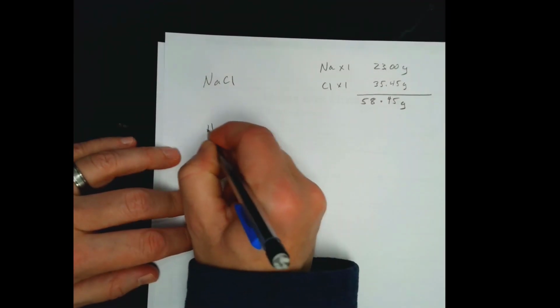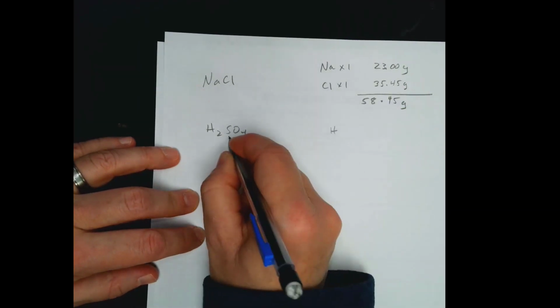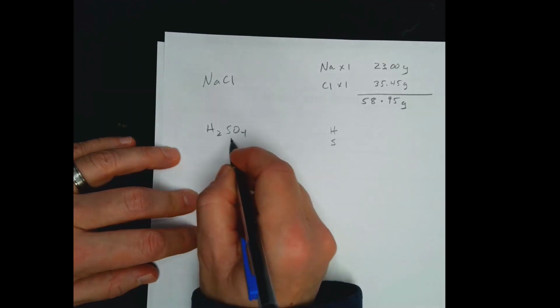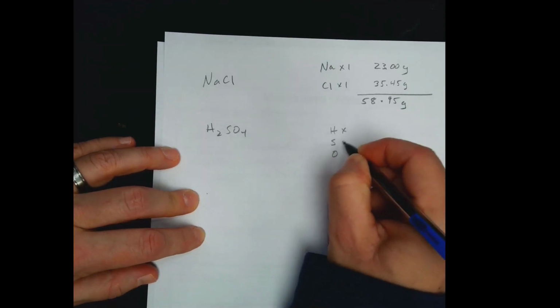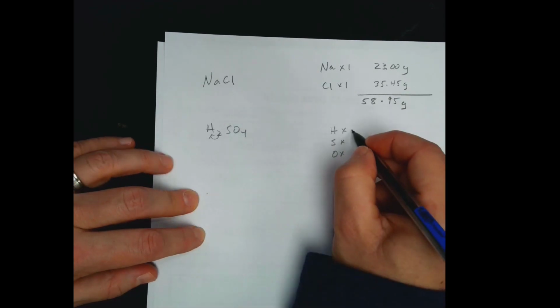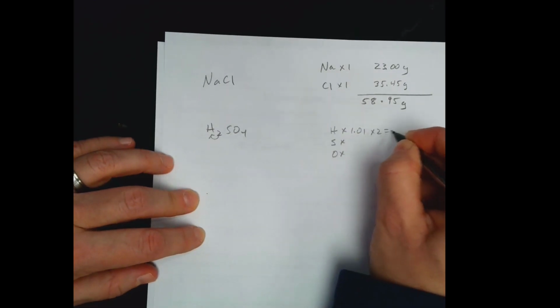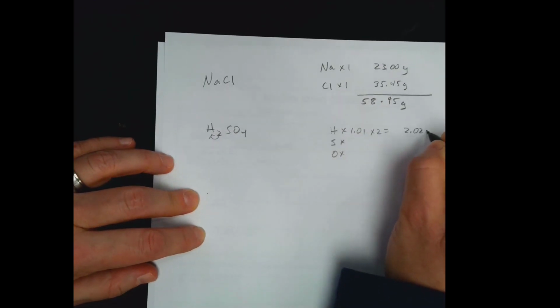So again, let's go ahead and head over to our handy extra sheet of paper. We know that we have 1 molecule of H2SO4, which means we have some hydrogen, some sulfur, and some oxygen. Now, how much of each one? We've got 2 hydrogens, so 1.01 times 2 of those equals 2.02 grams of hydrogen.